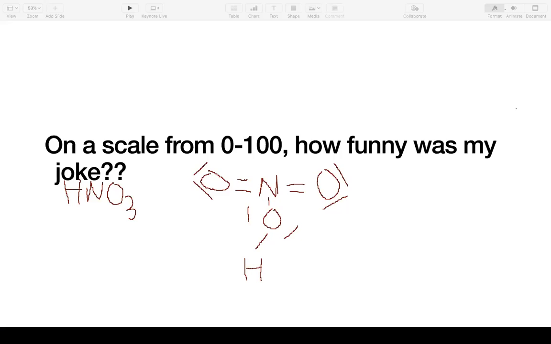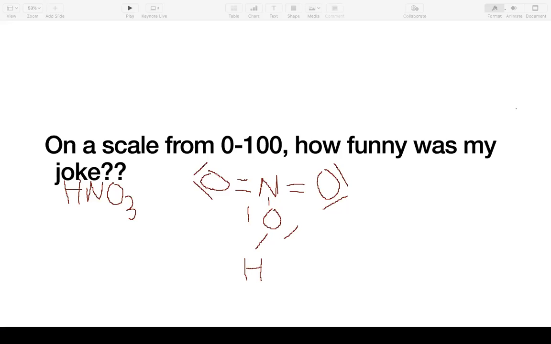Yeah, so the only issue with what you've drawn right now is look at how many electrons are attached to the nitrogen. Does that break the octet rule? 1, 2, 3. Oh, well, there's only 5 showing. Mm-hmm. Okay.